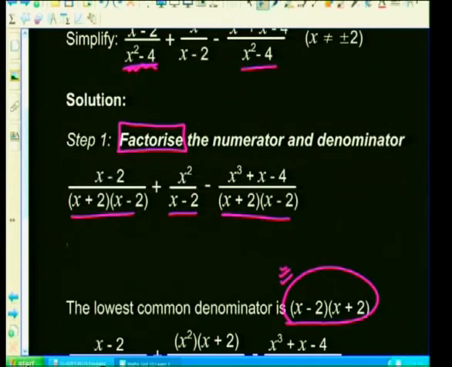And it's the lowest form that we've got. Once again, we could have used anything as our denominator as long as it included the x plus 2 and the x minus 2. We could have had an x plus 3 or an x minus 7. Would it have been the lowest one? Absolutely not. Try and keep it simple. Lowest common denominator. Let's move on.